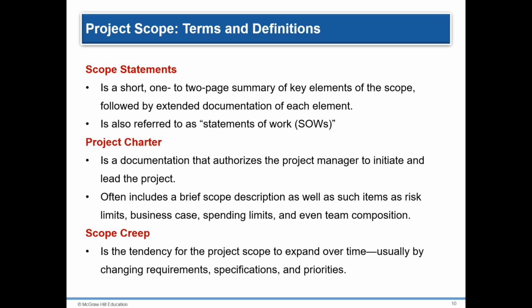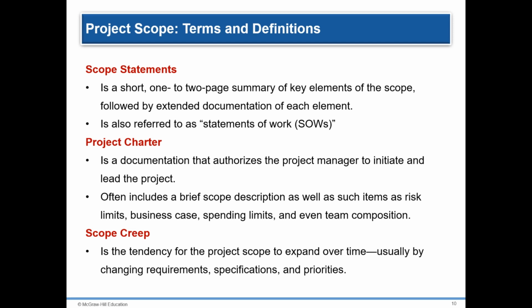Many companies engaged in contracted work refer to the scope statement as a statement of work, SOW. Other organizations use the term project charter. However, the term project charter has emerged to have a special meaning in the world of project management. A project charter refers to a document that authorizes the project manager to initiate and lead the project.